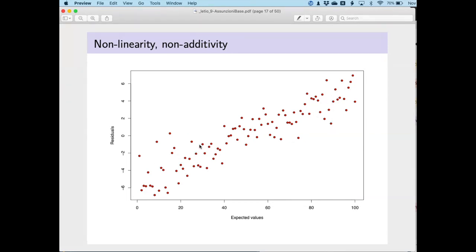This is not normal because it's not a random positioning here. There is some pattern, and that's not normal because residuals should be random. If they are negative in one part and positive in another part, then the pattern is not random. There is a pattern.